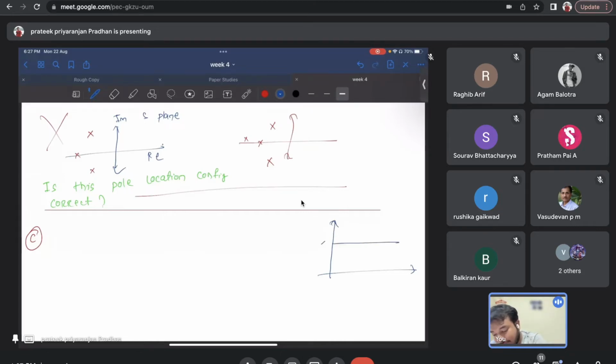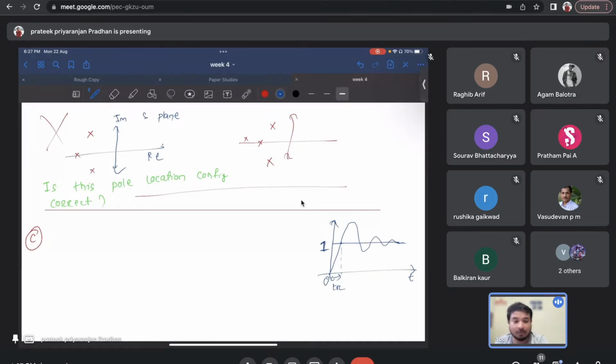This is for the unit response of a second order system. This is the typical second order system unit response. From 0 till it reaches the value one, that is called the TR, rise time.